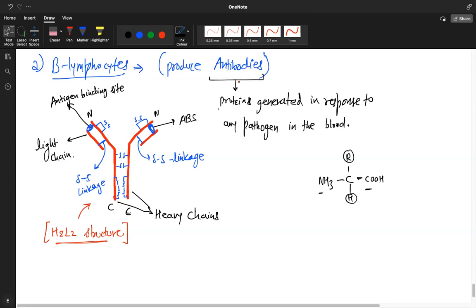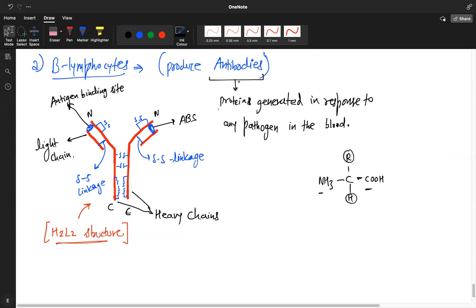Biotic means life. Body means a particular element, a body. So any toxin, any organism, any pathogen or any antigen, you can have an antibody against that chemical entity.